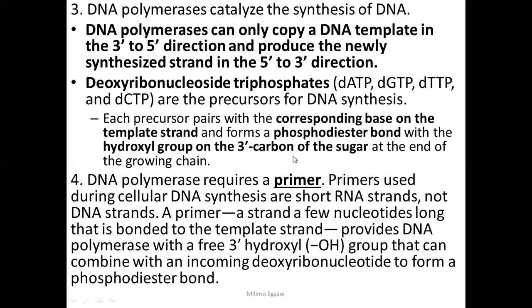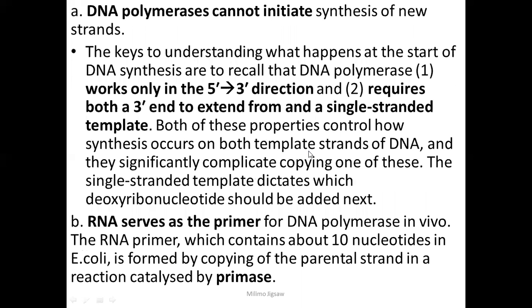So it's very important to understand that DNA polymerase cannot initiate DNA replication. It needs a primer or primers. We're going to see further that DNA replication in the lagging strand will require multiple primers, many primers, but in the leading strand, it will just need a single primer.